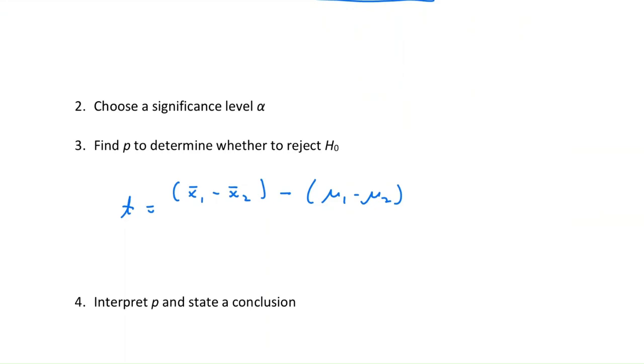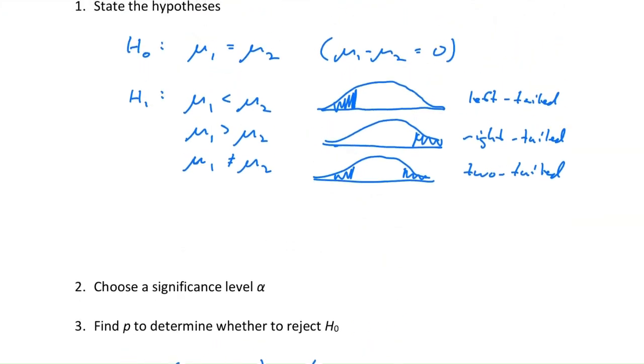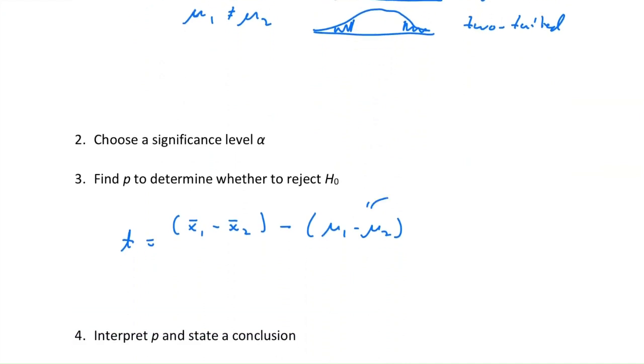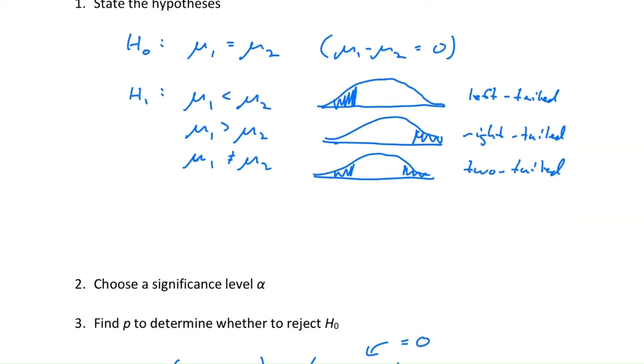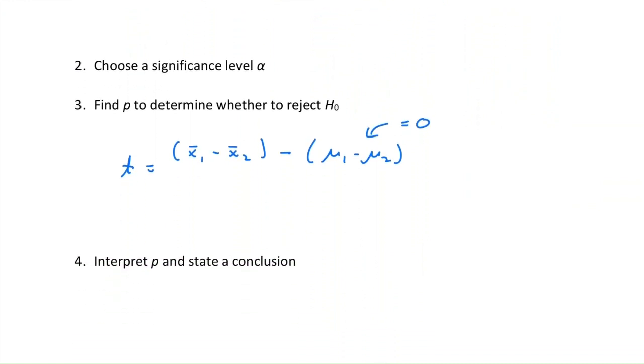That second part, though, the mu1 minus mu2, because of our null hypothesis, we're assuming that that difference is 0. So in this formula, we are going to assume that mu1 minus mu2 is 0. And that will almost always be the case. There could be a situation, I suppose, where we assume something other than a difference of 0, but typically we assume a difference of 0. Whatever that assumption is, that's the value we use there for mu1 minus mu2.